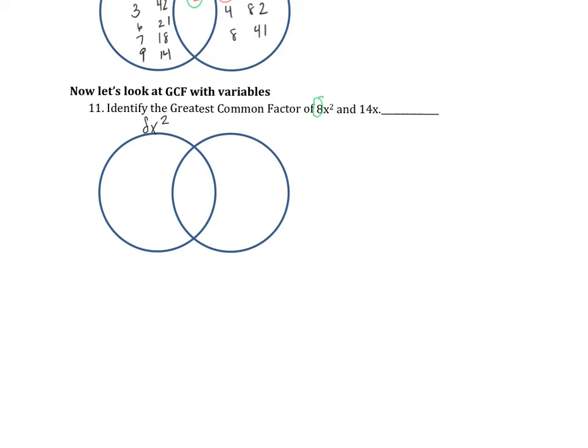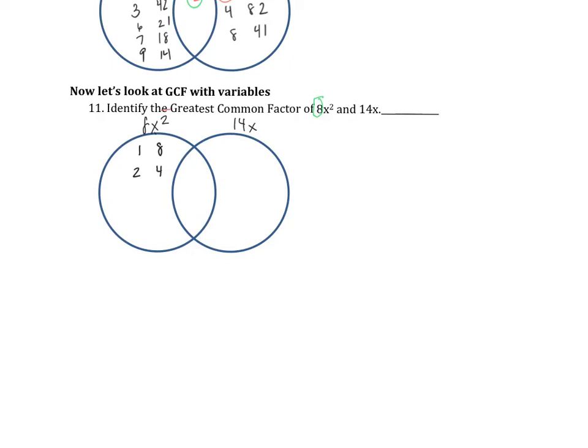8x squared and 14x. Okay, so now what I want you to do is still write the numbers, okay? I'm going to make that 8 look a little bit better. Sorry, guys. Okay, so I know that 1 and 8 is a factor, and I know that 2 and 4 is a factor.